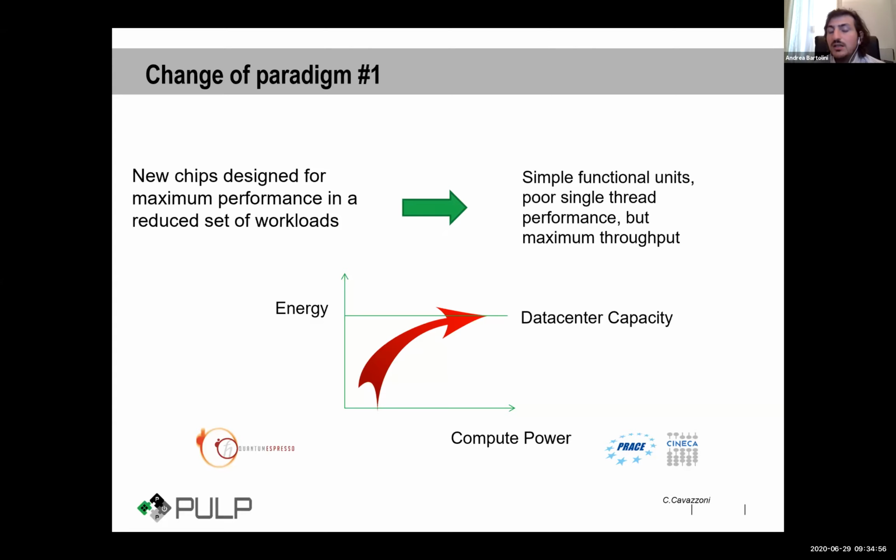And this is foreseen as a way of achieving the required performance while staying within the data center capacity. So we want to maximize the power and the area of the silicon that we give to the floating point units, and the designs are going in that direction, reducing the wasted area in the silicon and power given to other operations.